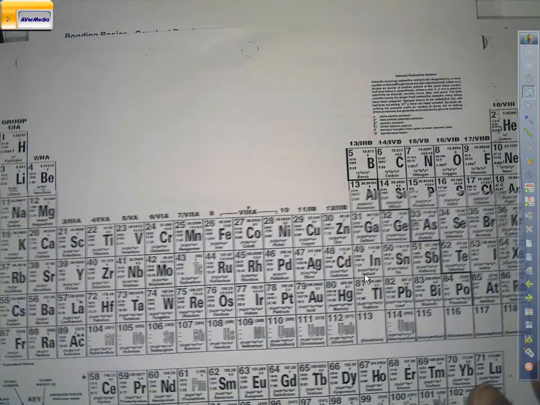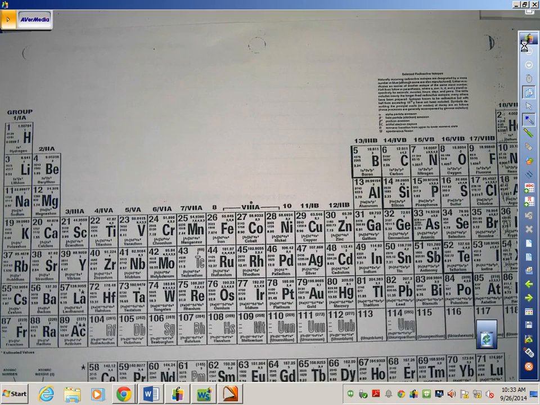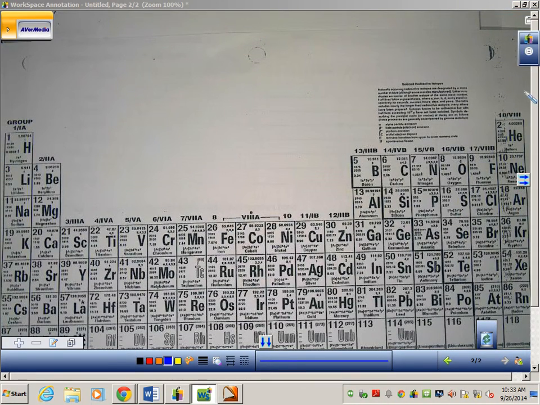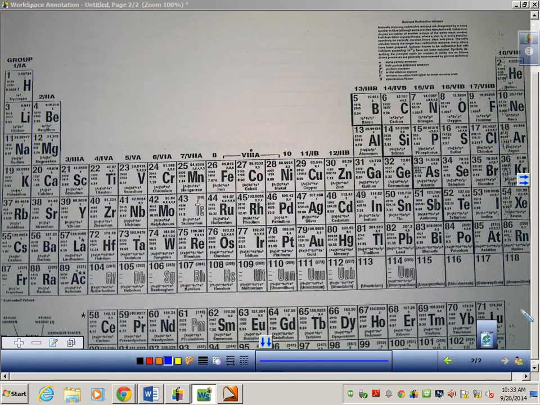So your periodic table looks something like this. I'm going to have you do a few things to your periodic table. The first thing I want you to do is add some numbers.